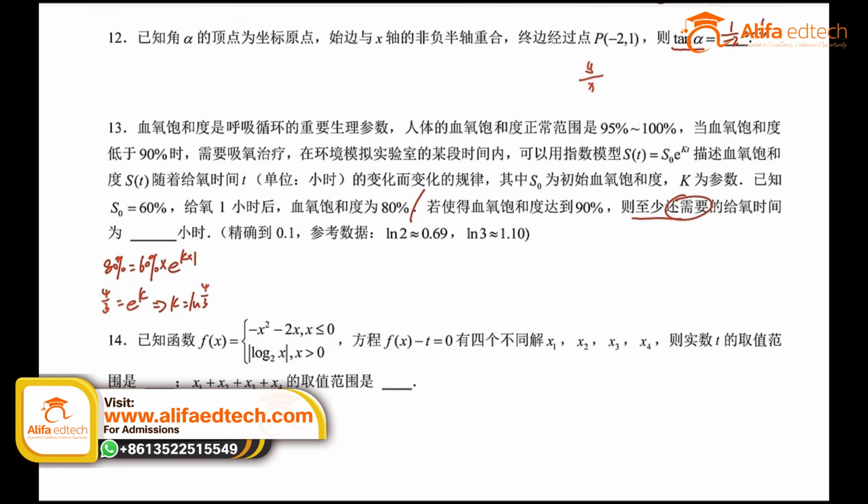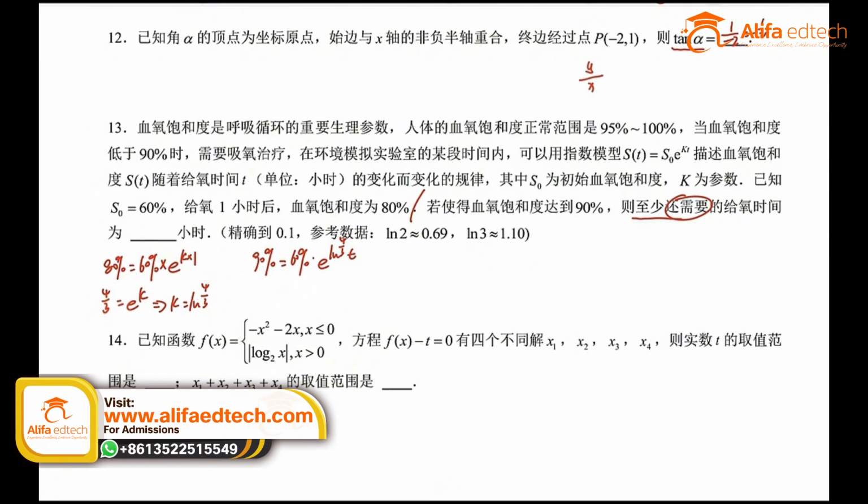So in this process, you must think clearly. Now we want to reach 90%. So at this time, it's equal to starting from 60% times e to the k, where k is the natural log of 4/3 times t. Note that this t is the total time from the start, so you have to be clear-headed.